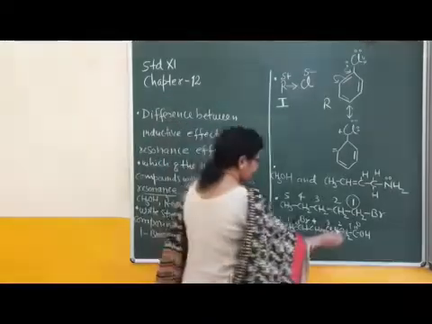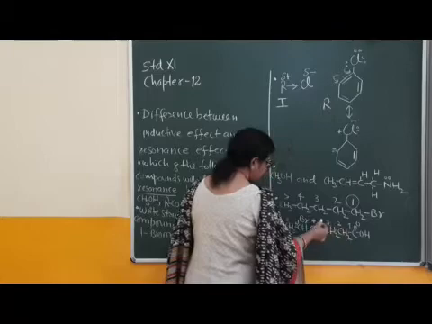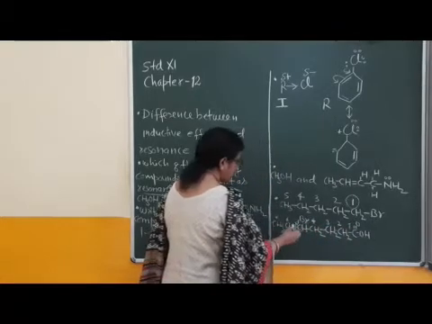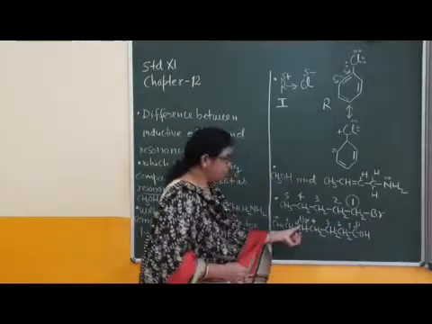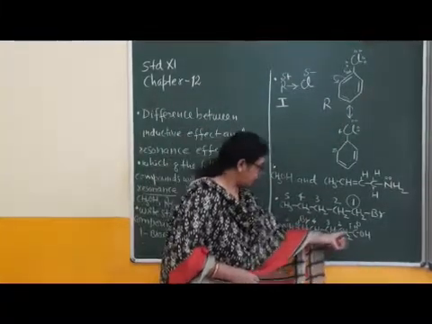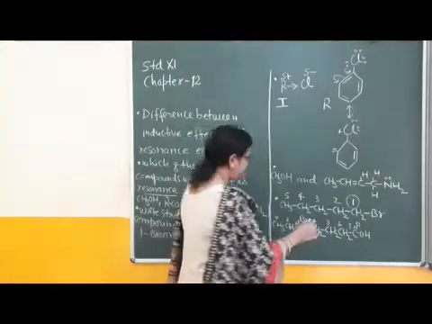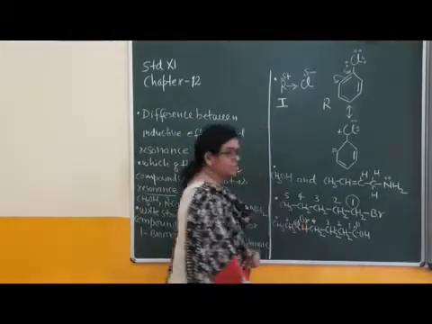Now this is the carbon of the carboxylic acid: 1, 2, 3, 4, 5, 6 and 7. At the 5th carbon, Br is attached. This is 5-bromo-heptanoic acid. Okay children, this part is important. Discussion of short answer.